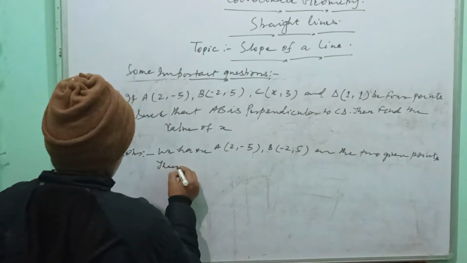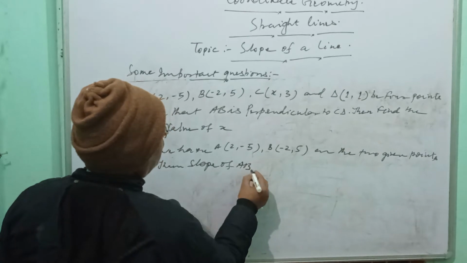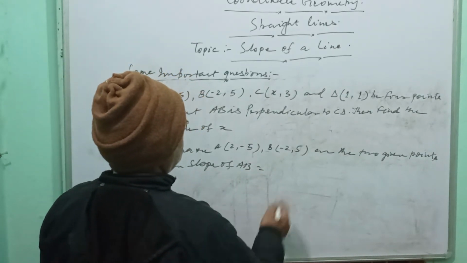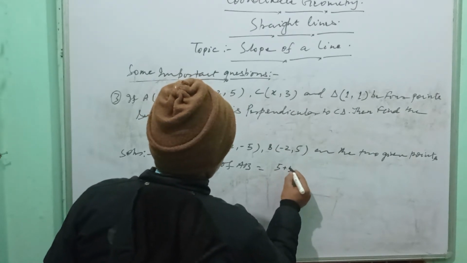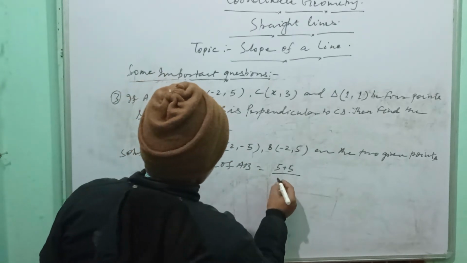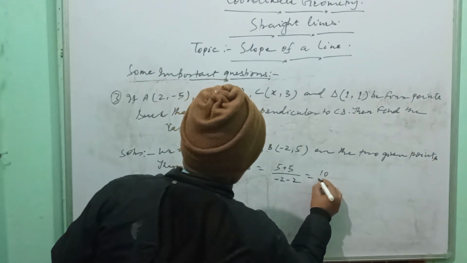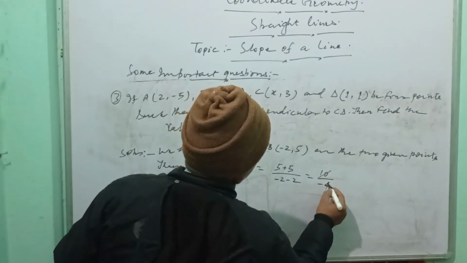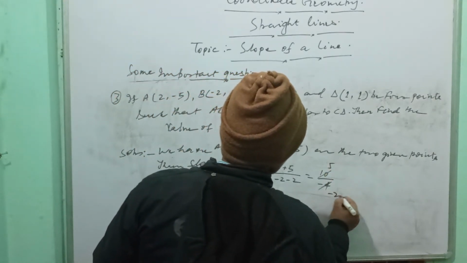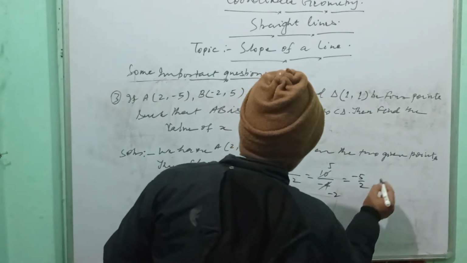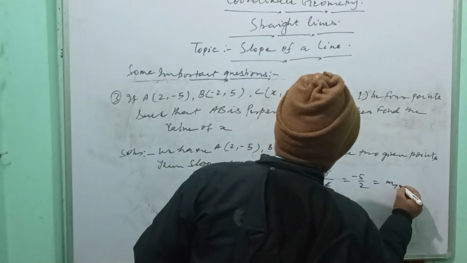Then slope of AB is equal to y2 minus y1, means 5 minus minus, plus 5, by x2 minus x1, minus 2 minus 2. This is equal to 10 by minus 4, this becomes 5 by minus 2, which is equal to minus 5 by 2, which is equal to M1.